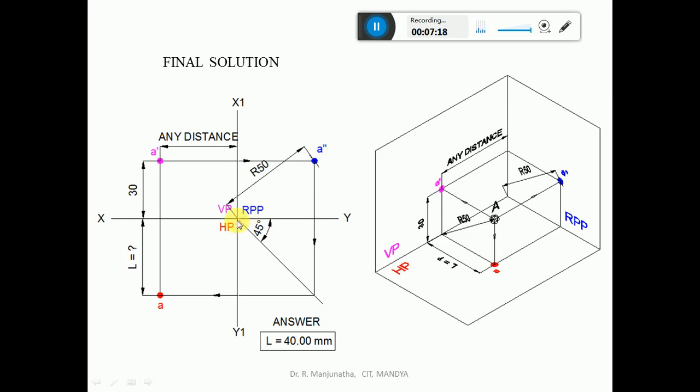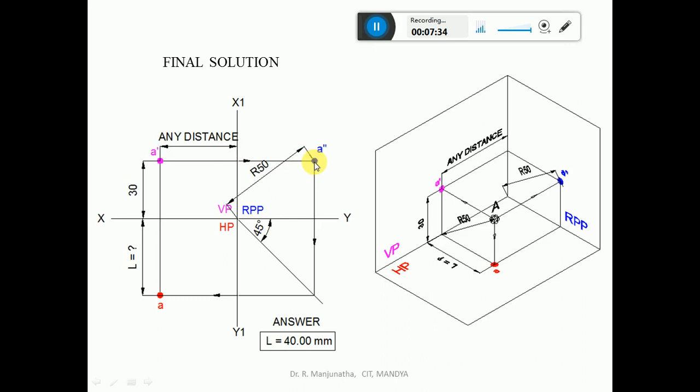Then draw a 45 degree line adjacent to HP, and then draw a vertical projector from A double dash onto the 45 degree line, wherein the distance in front of VP, which is this distance, is transformed into the vertical distance.